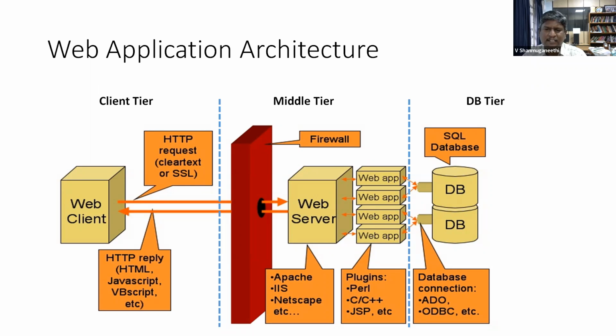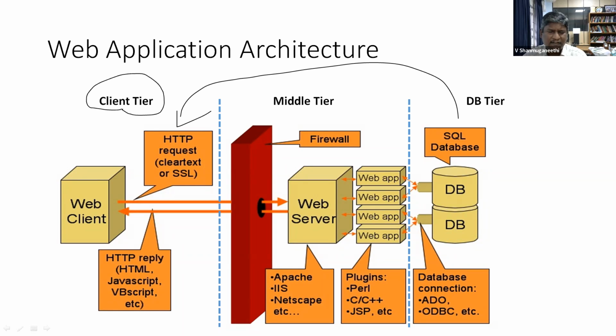Between the business logic and the DB there are so many transactions happening, as well as from the presentation logic, the client tier to the middle tier. But if the DB tier data is revealed to the client tier directly through some coding techniques, if the client tier is able to fetch the data of the DB tier, maybe through the middle tier, without a proper secure mechanism, then this will be exposed.